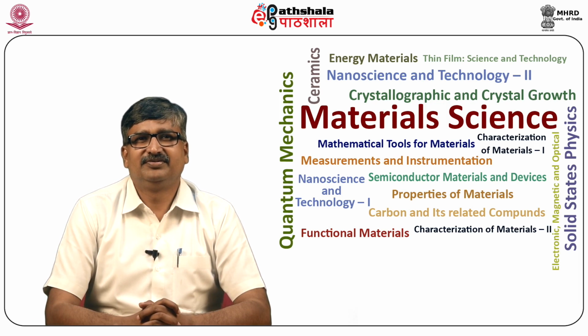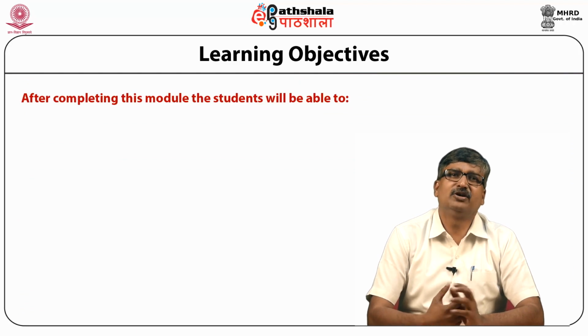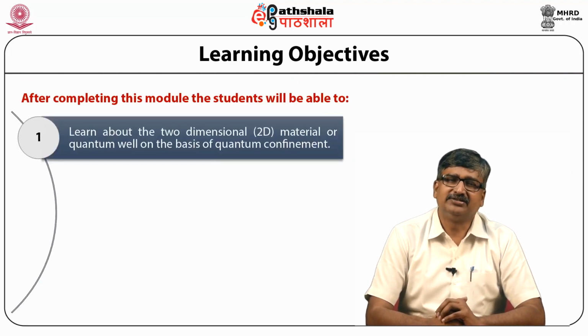Today we are going to talk on the module titled Introduction of Two-Dimensional Material under the paper Nanoscience and Technology 2. After completing this module, the student will be able to learn about the two-dimensional material or quantum well on the basis of quantum confinement.